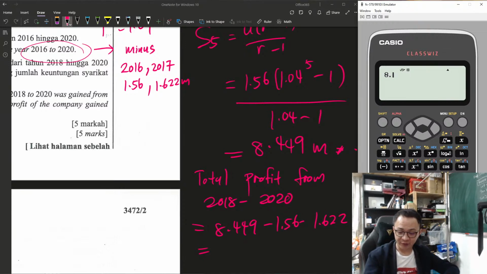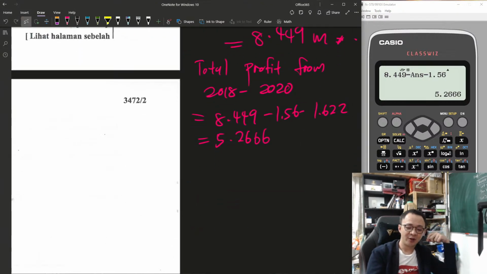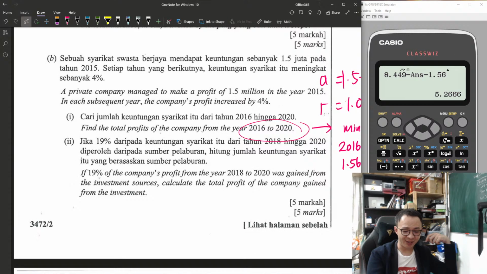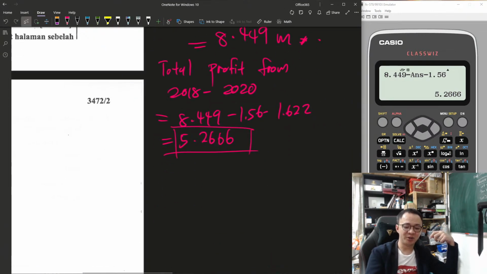That gives 5.266. Now, only 90% I will use for a certain type of investment. The question says gain from investment source. It doesn't say what kind of investment, and it doesn't matter. So I want to know 90% of this one.